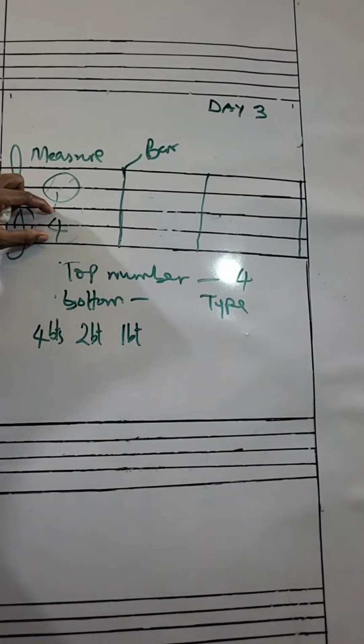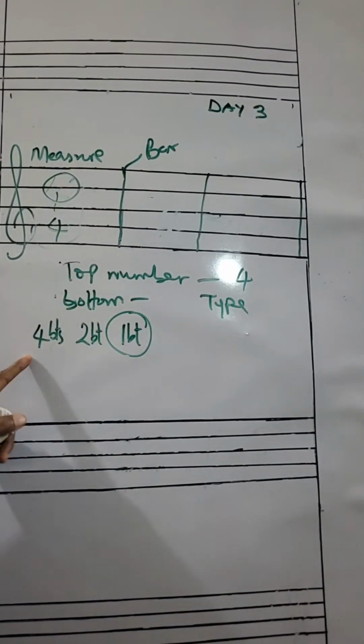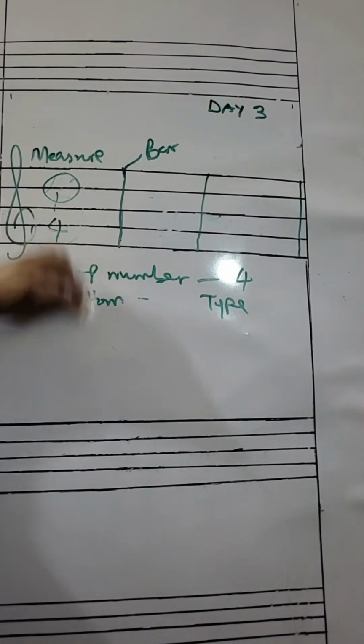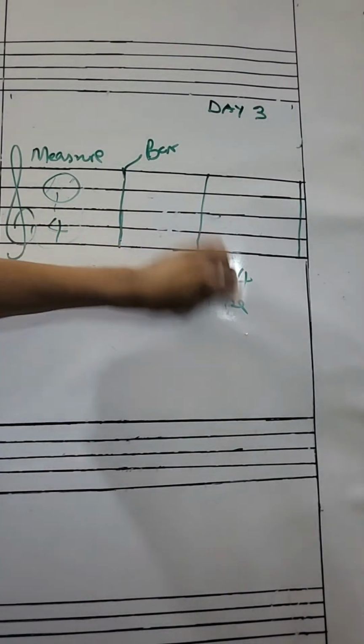So the type of beat that has 4, from our illustration yesterday, was our quarter note. 4 quarter notes equals 1 minim. So anything below 4, you should know that you are dealing with a quarter note in that music.